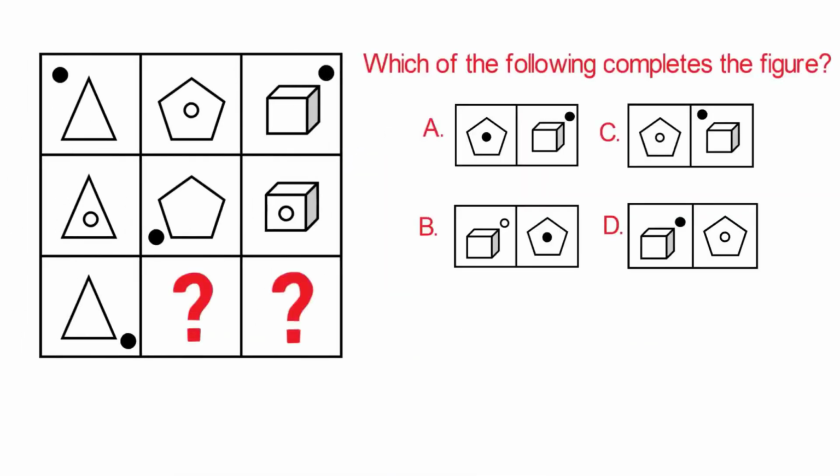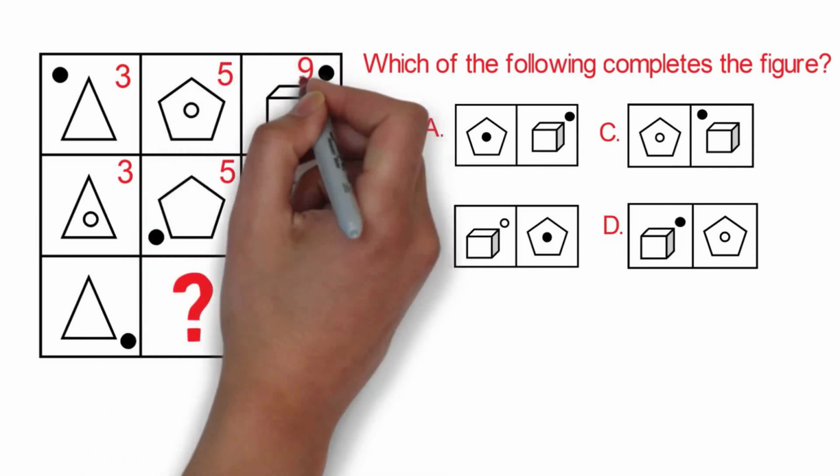To solve these types of challenges, my advice to you is always look for patterns. And there are multiple patterns present in this particular challenge. If you detect and use at least one of the patterns, you will be able to find the solution to this challenge. The first pattern is that the shapes' lines are in order 3, 5, and 9 lines. Let me clarify.